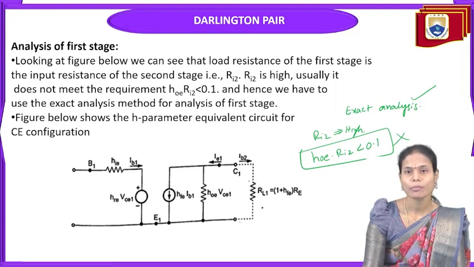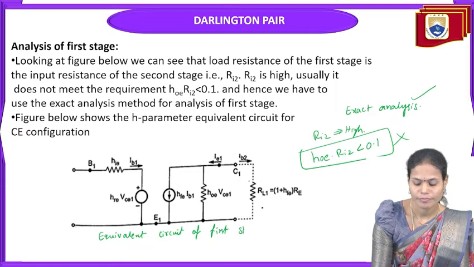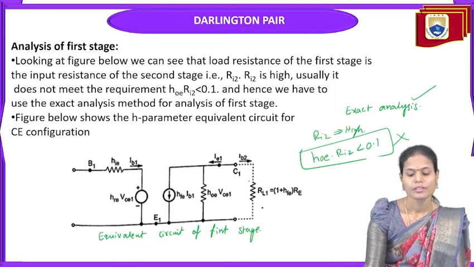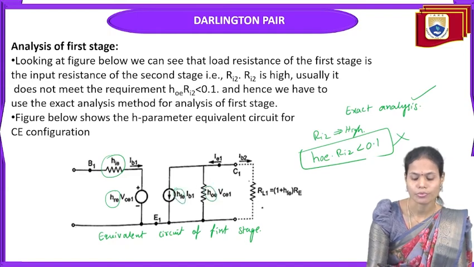So this is the H parameter equivalent circuit of the first stage. Since it is an exact analysis, we have to include all the H parameters, that is HIE, HRE, HFE, HOE.